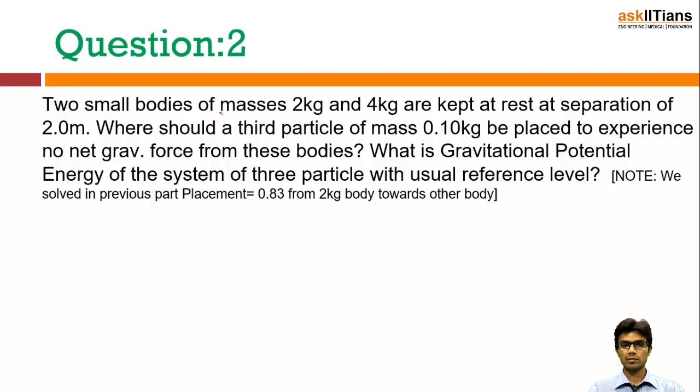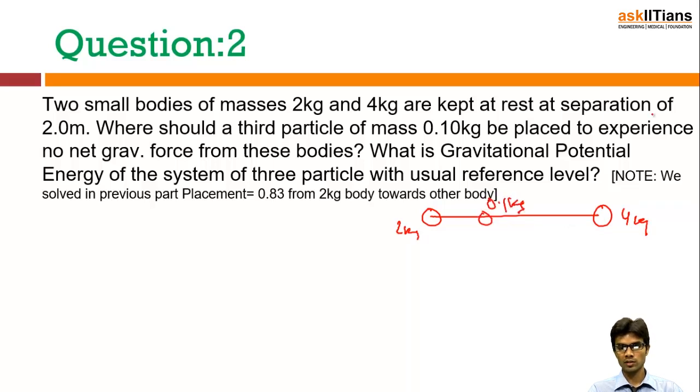Now, two small bodies of mass 2 kg and 4 kg are kept at rest at a separation of 2 meters. This is 2 kg, this is mass 4 kg, and a third mass of 0.1 kg is placed here.